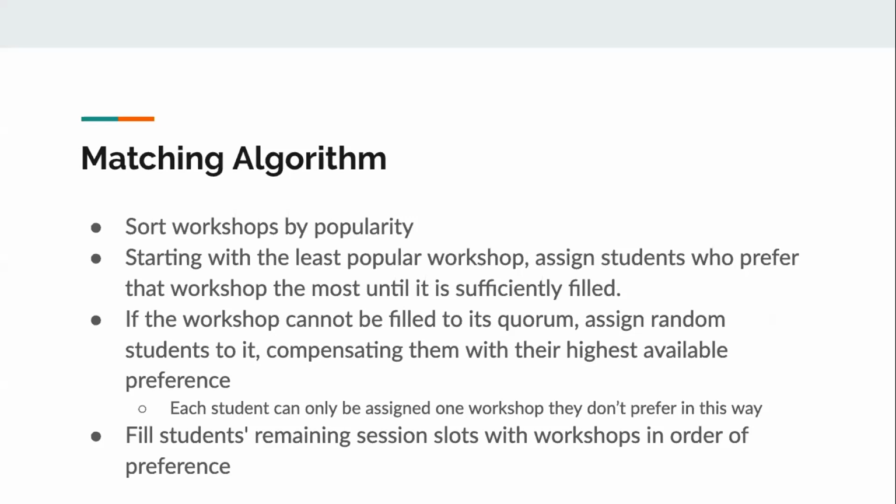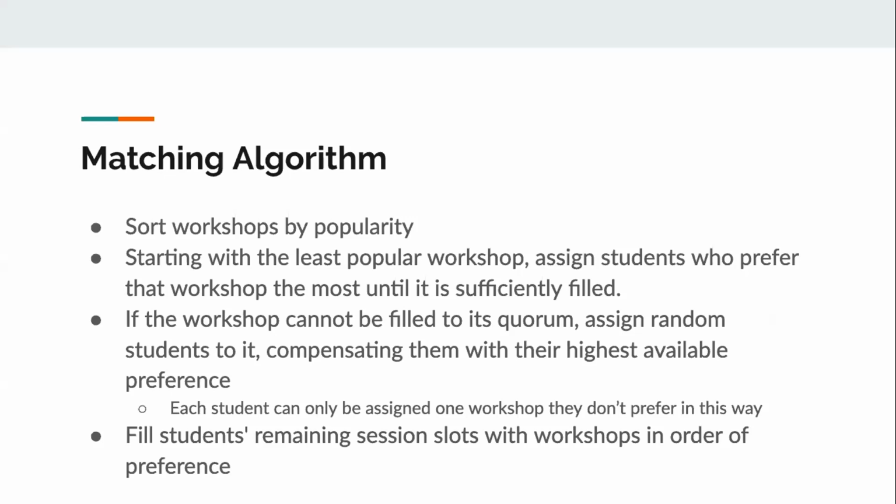How we define popularity is by the number of times that any student lists that workshop in their preferences. It doesn't matter if the workshop is listed as preference 1, preference 2, or preference 6, or anywhere in between. As long as it's listed once, that workshop gets 1 popularity point. So we get a number at the end that indicates how many times this workshop was listed.